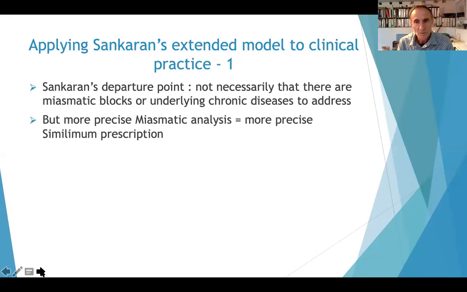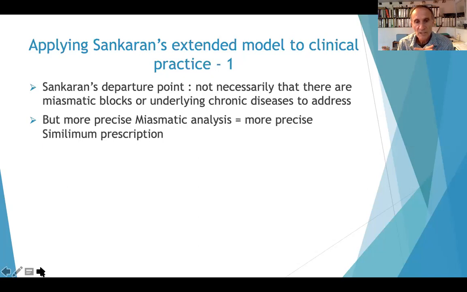But the point is what to select, how to get into the group to select it. What tools can we use to improve our precision of selection? And he sees this type of miasmatic analysis as a tool to prescribe better. So it might be that in the past, miasms and the problem of chronic disease, or diseases that weren't responding to a specific remedy and needed a miasmatic remedy to undo, often needed a long series of remedies.